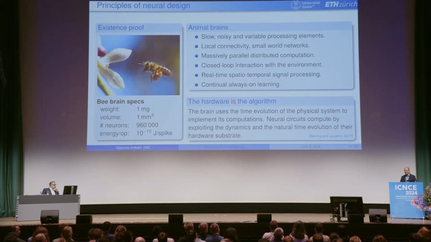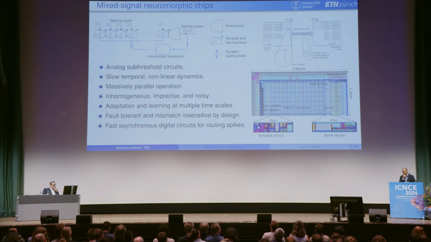I already was doing them in 1994 when I was at Caltech, visiting Carver Mead from Christof Koch's lab. But we've been doing them also in Zurich. There is actually a long sequence of chips that have been designed. And all of these chips have been designed using these analog subthreshold circuits that implement the dynamics of synapses and neurons.